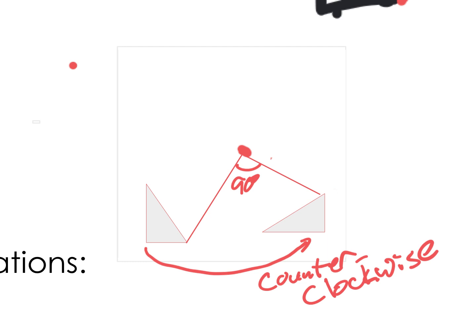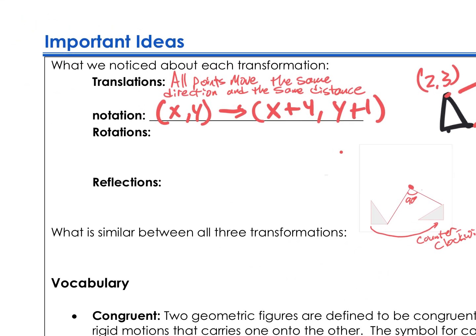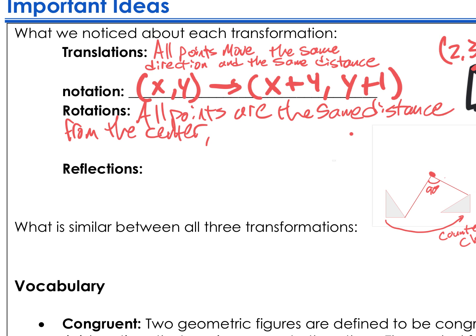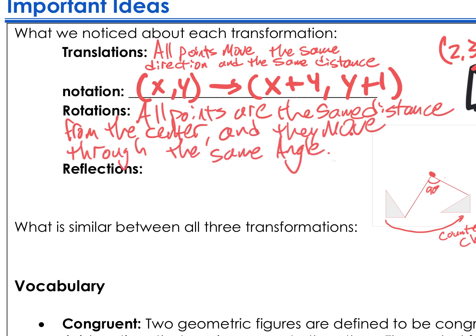So a quarter turn would be 90 degrees. We'll work more on that. We know that all points are the same distance from the center, and they move through the same angle. All those points have moved 90 degrees; they all swing around 90 degrees.